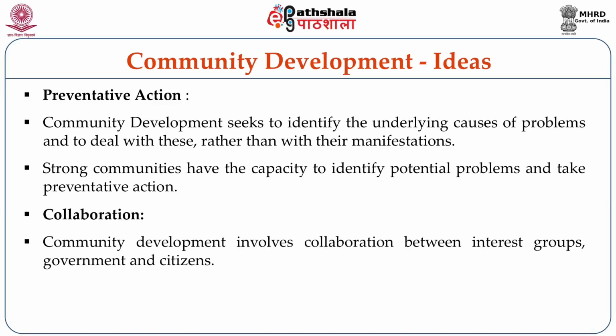So how does this happen? It can happen by methods of collaboration, where the government, the community, the citizens and the outside community come together and collaborate with each other. Sometimes there may be confrontation, because the cause of the problem is basically power groups who are discriminatory towards the people in the community.